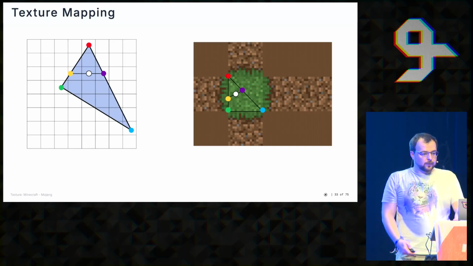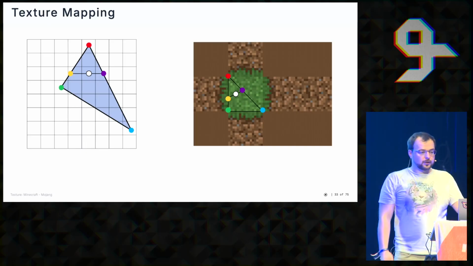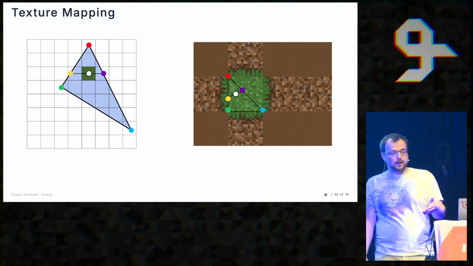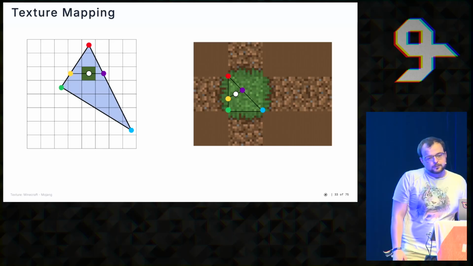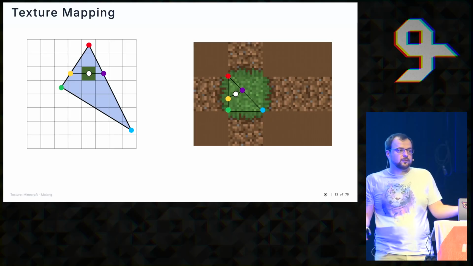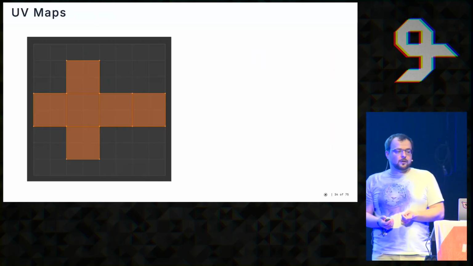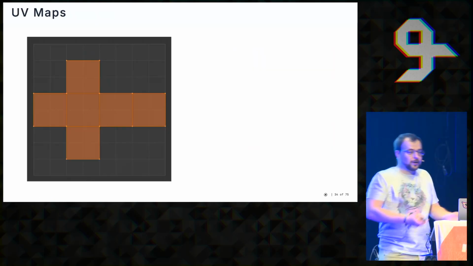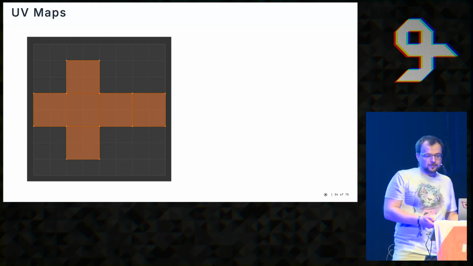That way you know a coordinate where to look in the texture to find the color you want to render here. And this is just a 2D vector. Typically, these are called UV coordinates, which is where the term UV maps comes from.